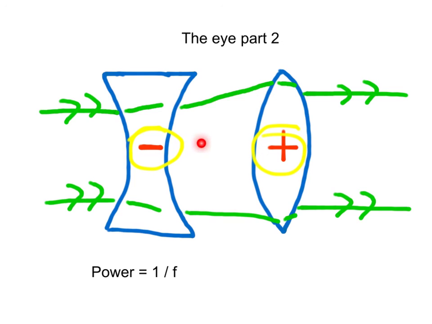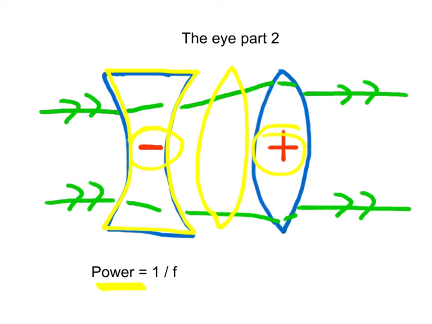Or when you're looking at something that's very, very close, what should the power of your lens be? And then, by using a combination of either concave lenses like this or convex lenses in front of the eye, you can change this power value and then help the eye to focus either on things in the distance or things close by.